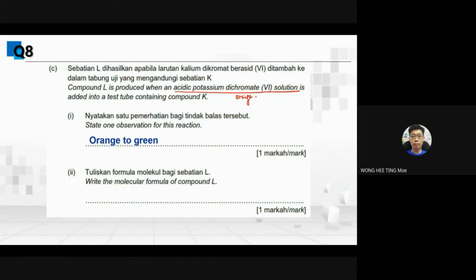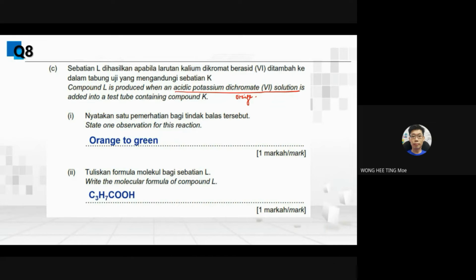And write the molecular formula for L. It is produced when you oxidise the alcohol, butan-2-ol. So what is your compound L? The molecular formula will be butanoic acid, right?